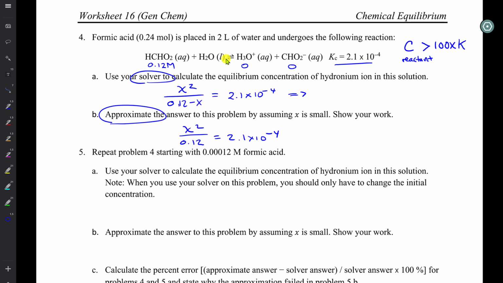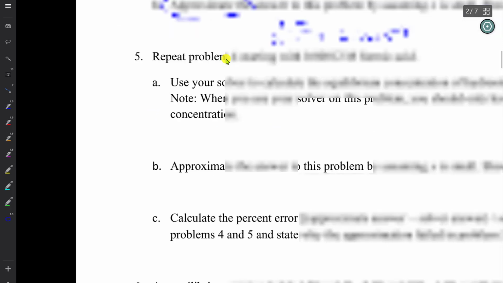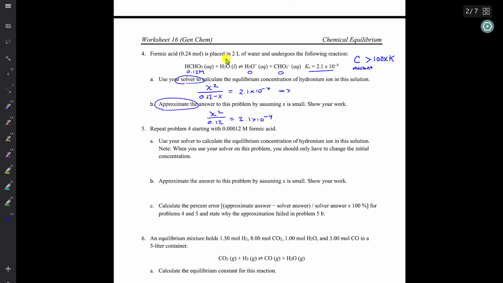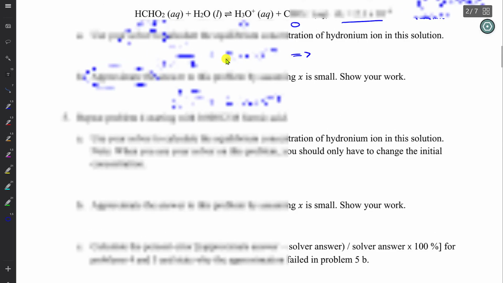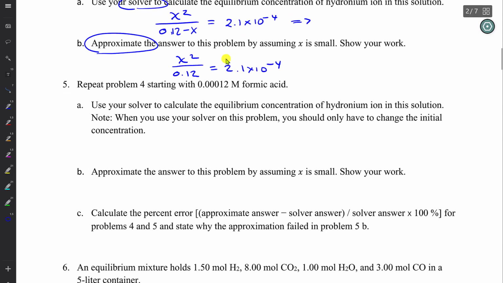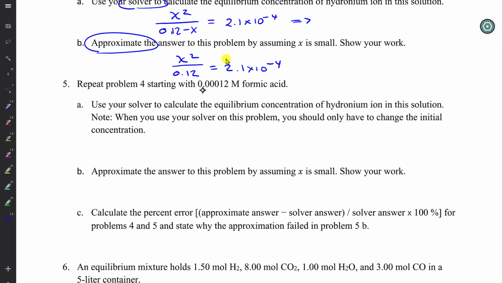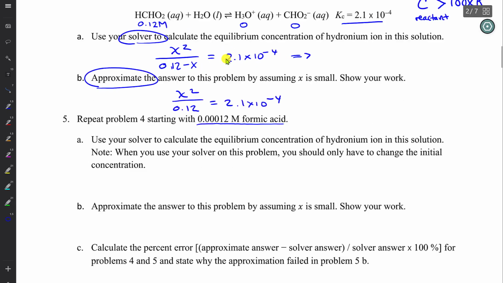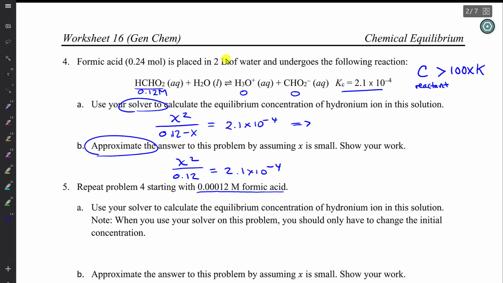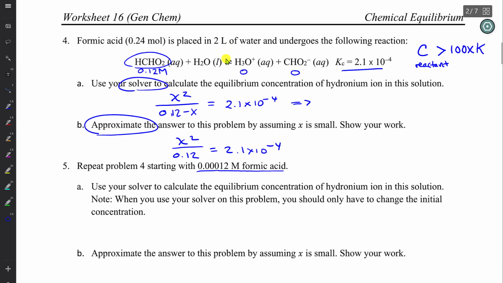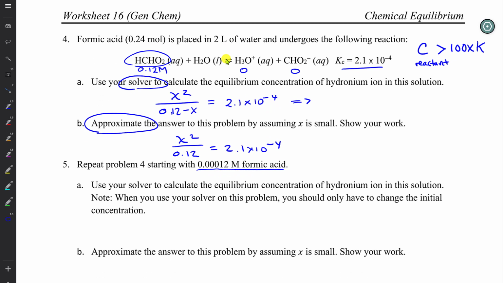Now, you're going to do the same thing in problem 5. And you're going to use the method of approximation and show that it doesn't work in this case. And notice the concentration of the formic acid. This is the formic acid up here, right? It's 0.00012, and it's of the same order of magnitude, 1.2 times 10 to the minus 4th versus 2.1 times 10 to the minus 4th.